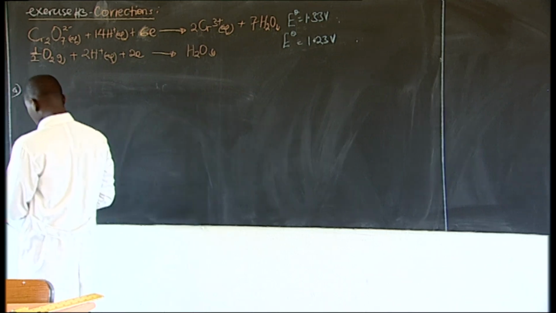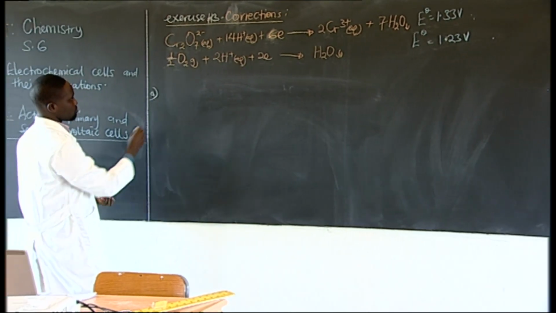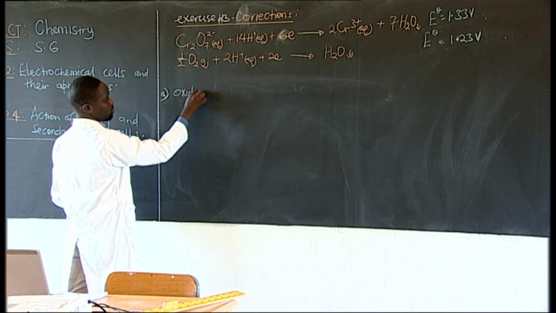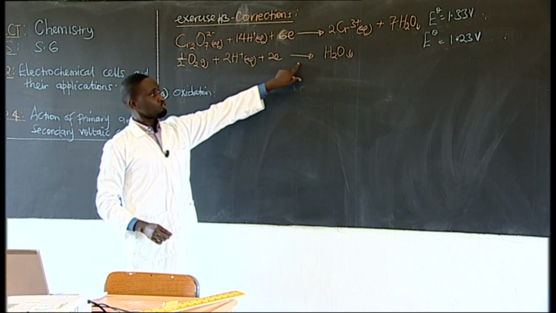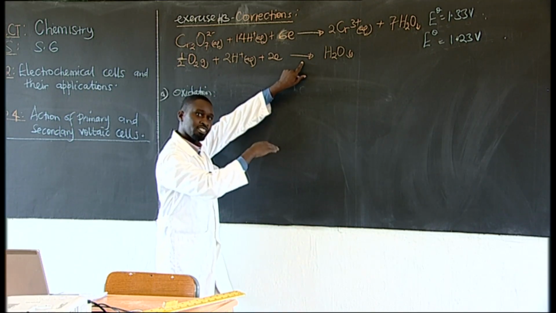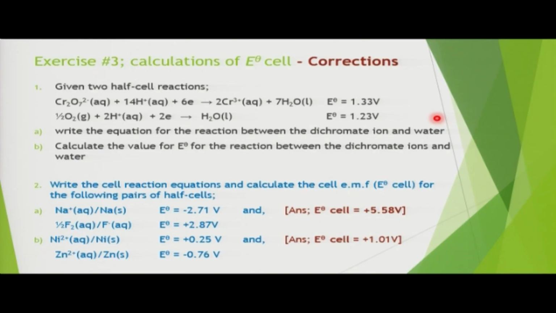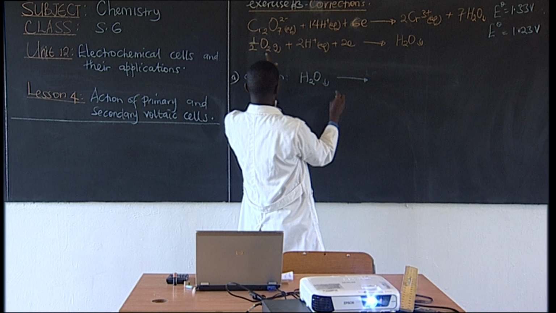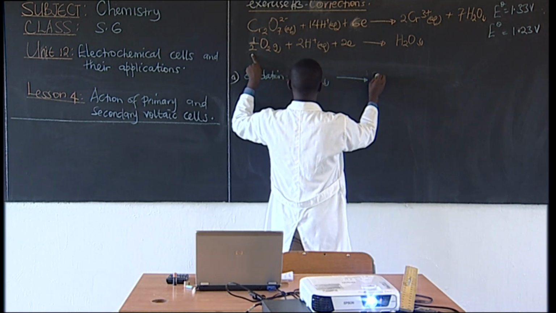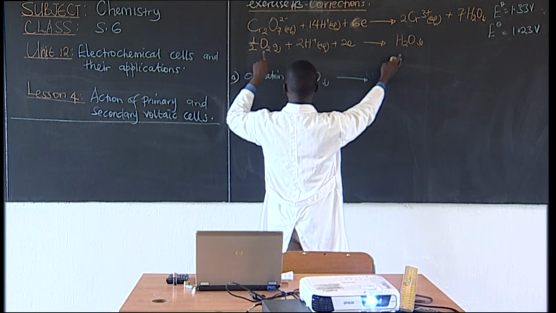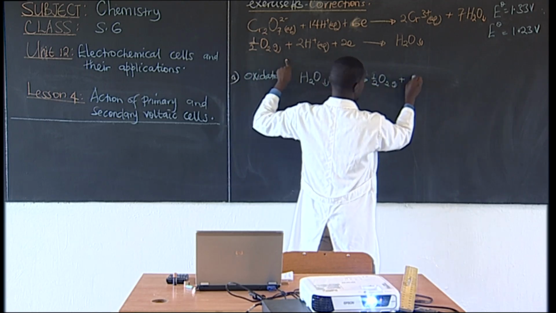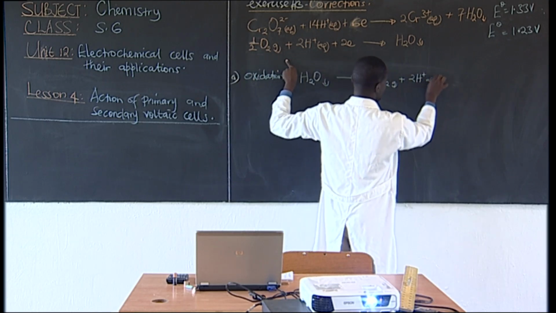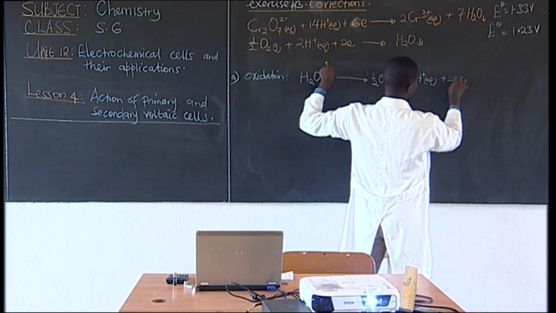On the side of oxidation, or the loss of electrons, we shall have this, so we must reverse it. In this case, we shall have water as a liquid, losing electrons, giving us oxygen as a gas, plus 2 hydrogen ions, plus 2 electrons.